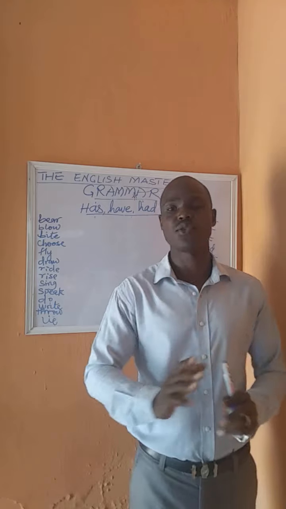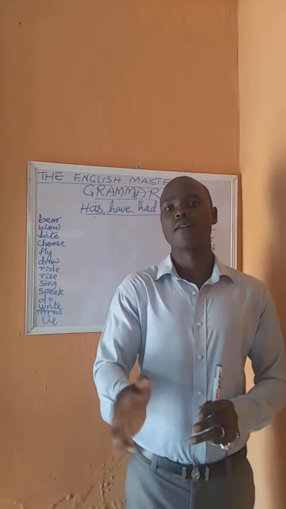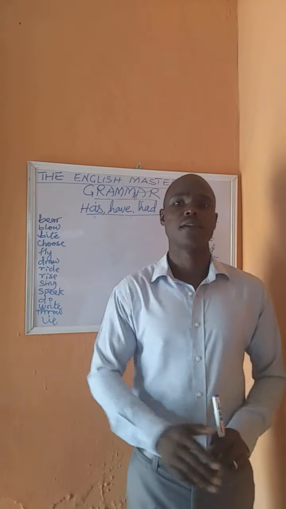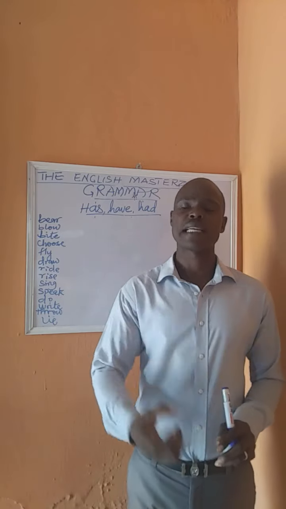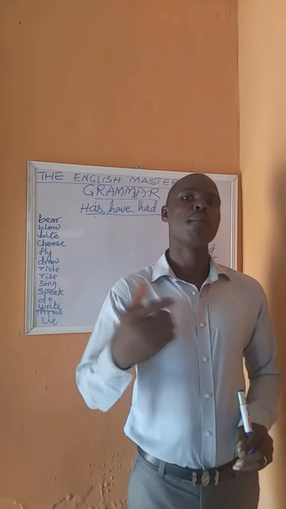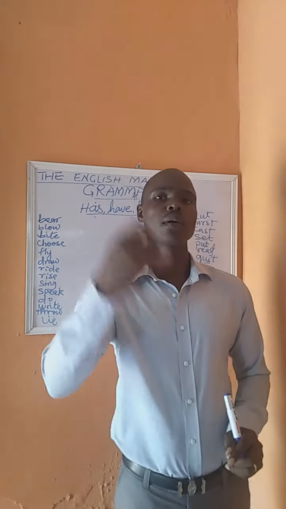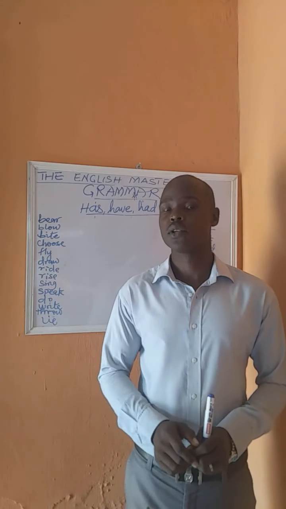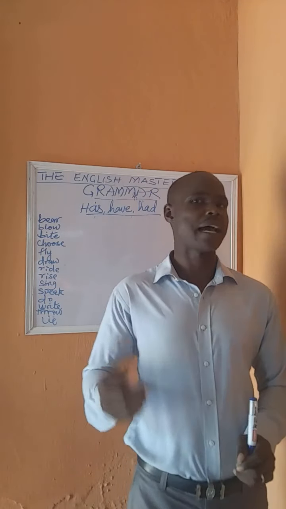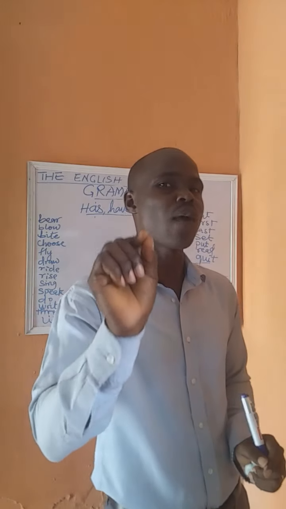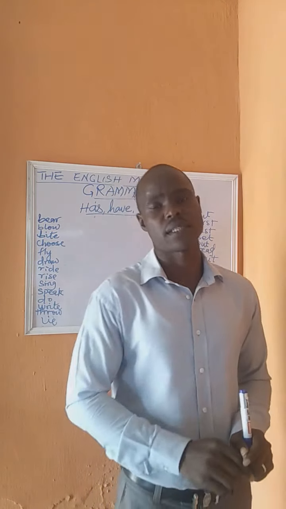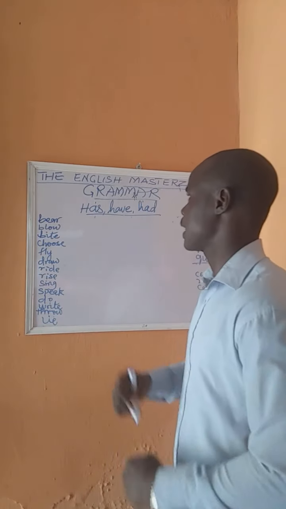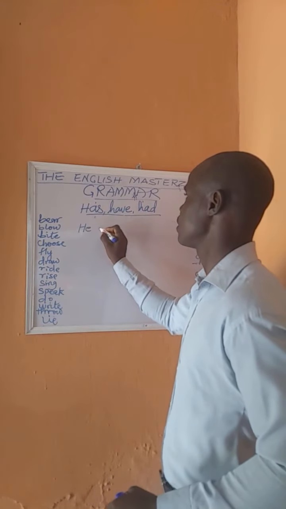Yes, we have said that you use had as the past form of has and have. It's clear. But when you're using had for time-keeping function, the sentence in which it appears must contain two clauses. Take note, at least two clauses. So you cannot use had in this sense in a single clause sentence. Okay? So our previous examples we gave, he has gone.